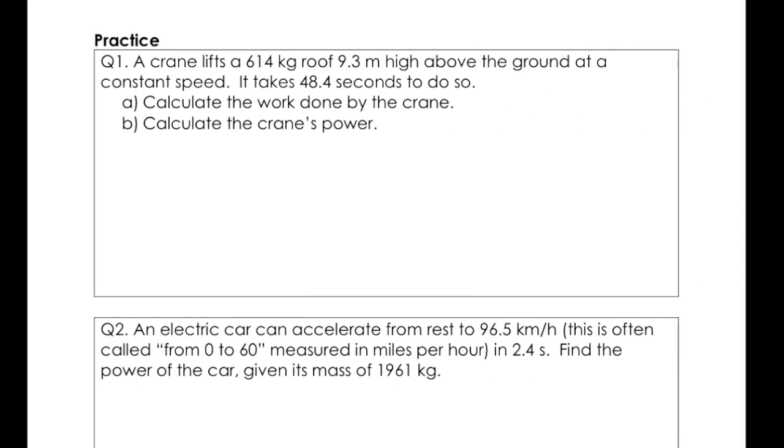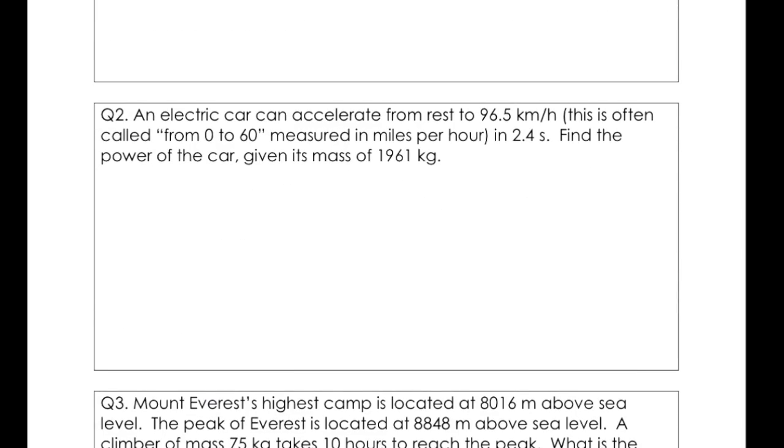I just want to talk about some of your practice problems. The first one should be pretty simple. You can just follow along with the practice problems that we did before. I do just want to talk about question number 2. Here they're giving you a starting velocity, because it's from rest, this would be our V1, and a final velocity, which you do have to convert into meters per second, so this would be our V2.